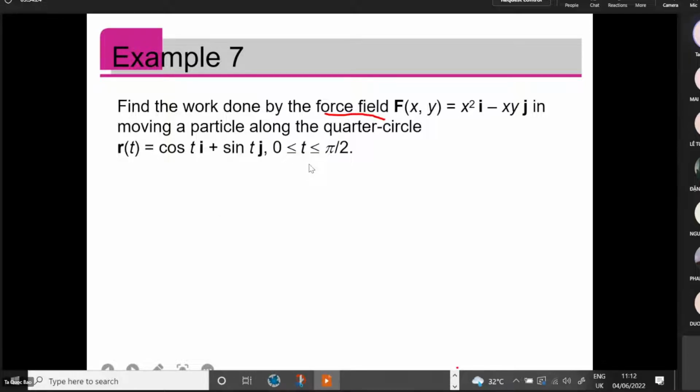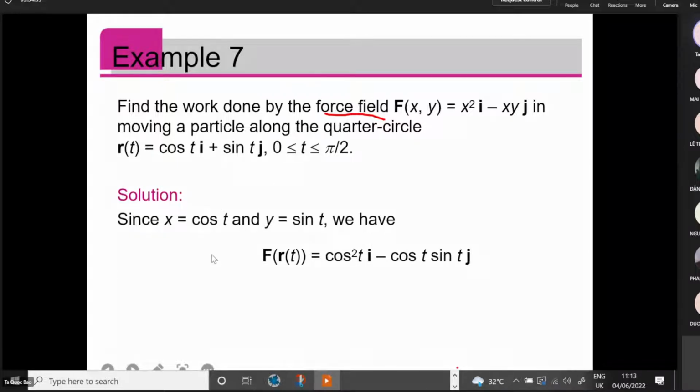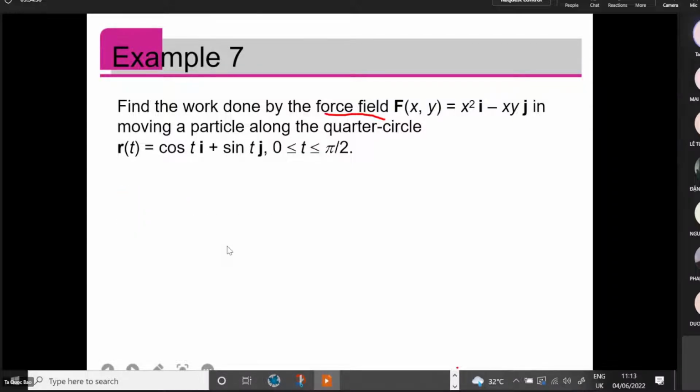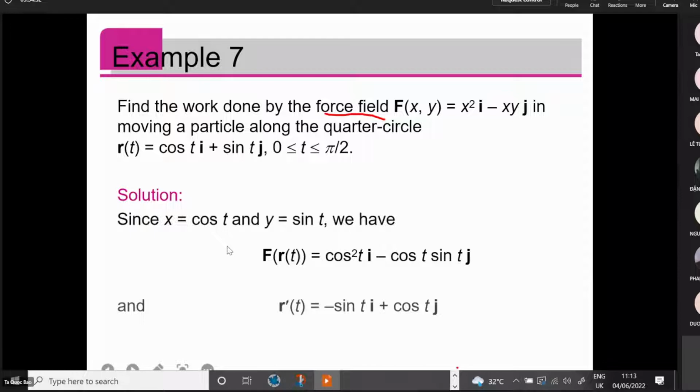Okay, so when the particle moves along the quarter circle, then we have r(t) = (cos t, sin t), and here t goes from 0 to pi over 2. Now we have F(r(t)) from here, like this, right? And the derivative of r(t) is like this.